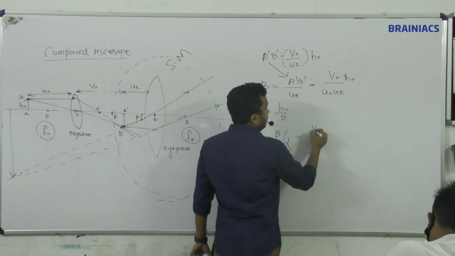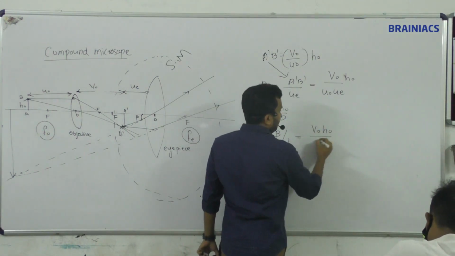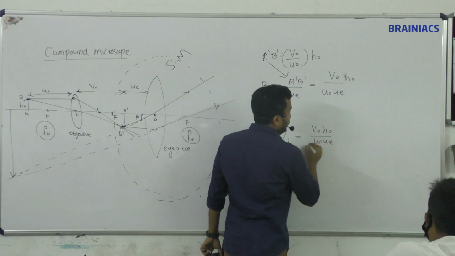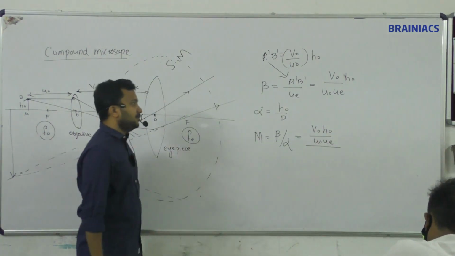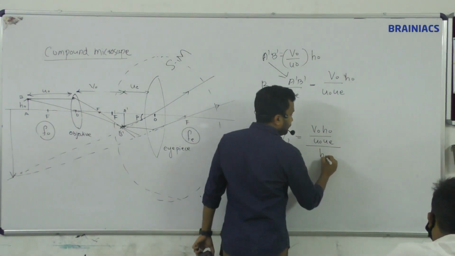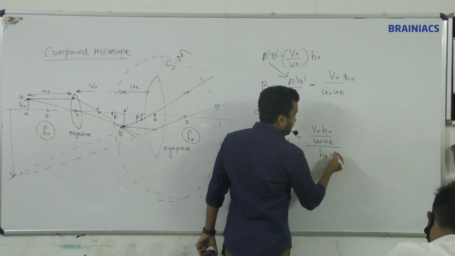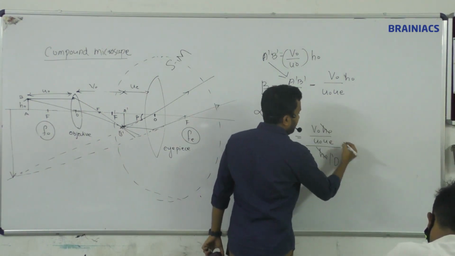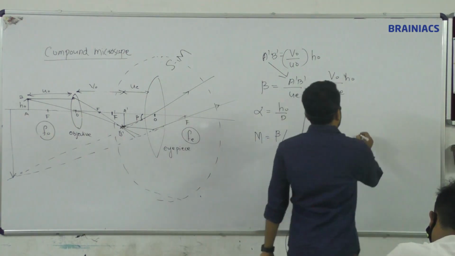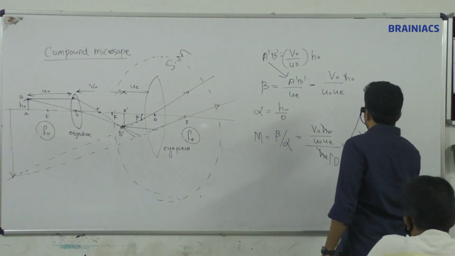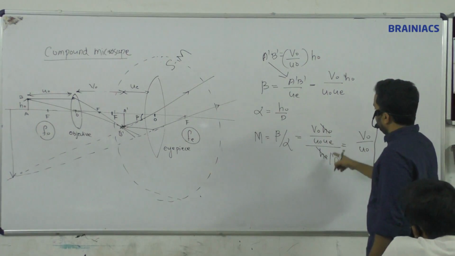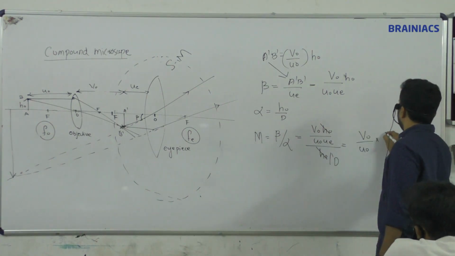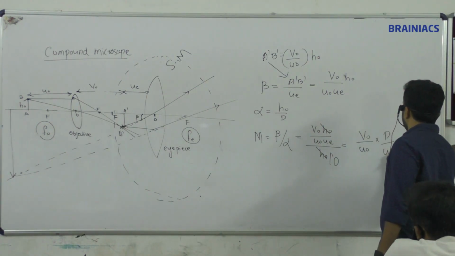Beta means V naught H naught by U0 UE whole divided by H naught by capital D. So H naught cancel. So what all things will come? V naught by U naught. D will go to numerator into D by UE.